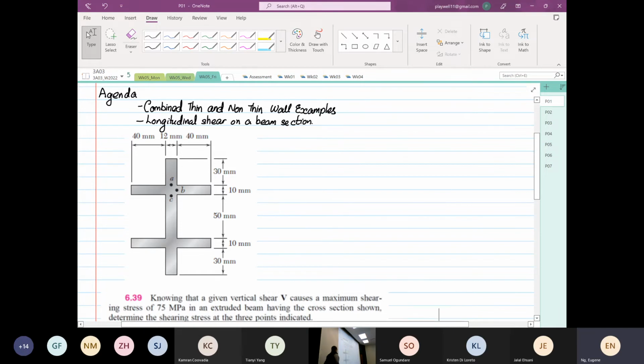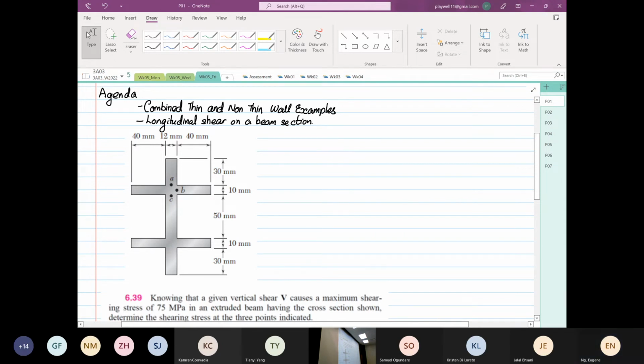Just a brain teaser. How will you design the shear flow for a section like this? Can you all try? I want you to take 20 seconds and think about how to design the shear flow for this.